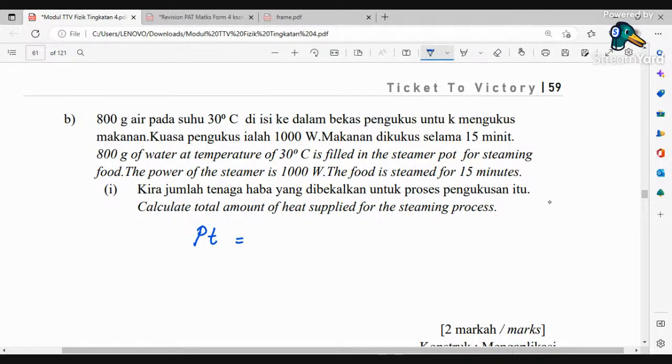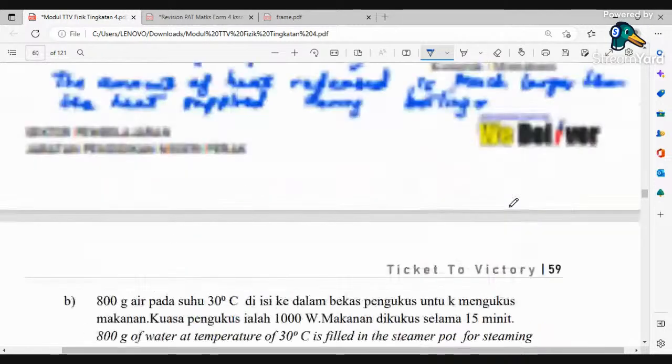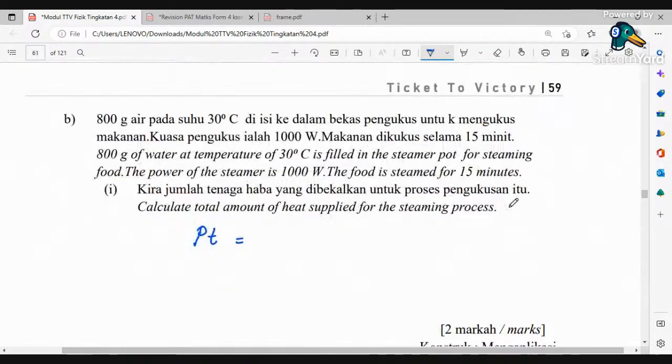Heat absorbed to change the temperature. Okay, ada change in temperature. Until boiling process, boiling di mana steaming food.